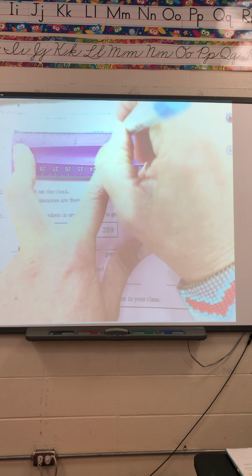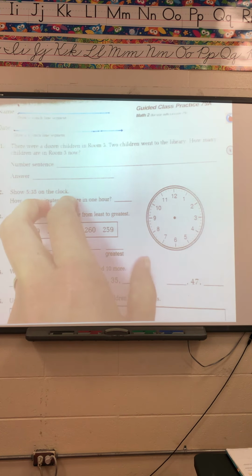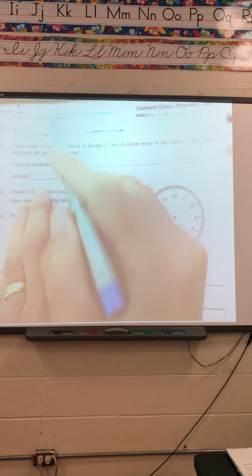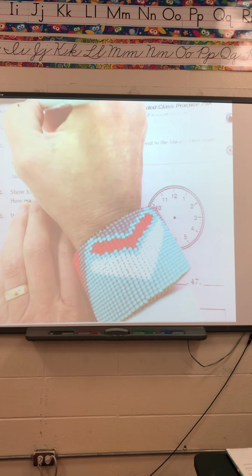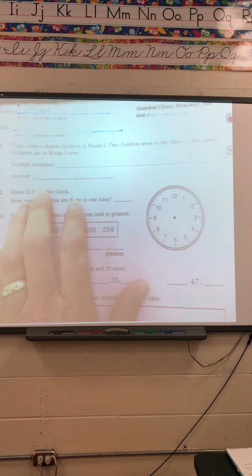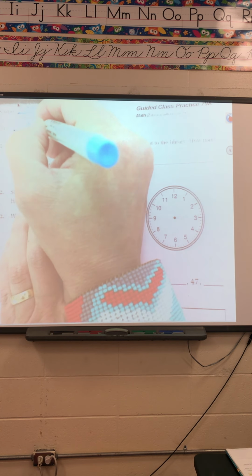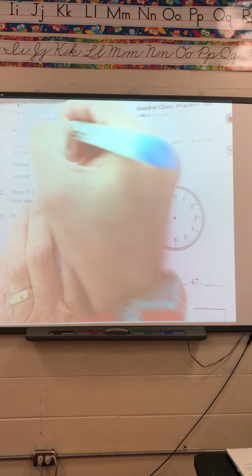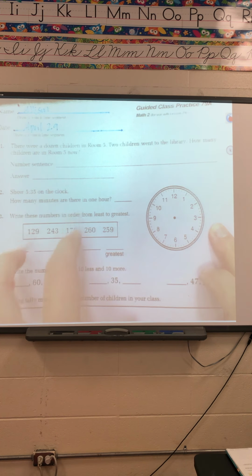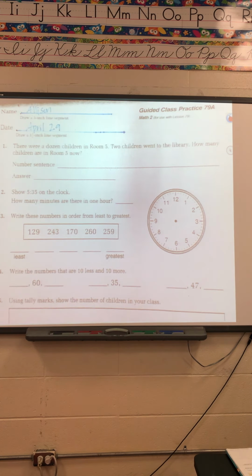On the top one, you'll write your name, Allison, and on the bottom, you'll write your date, April 29th, okay? So there you go on that.